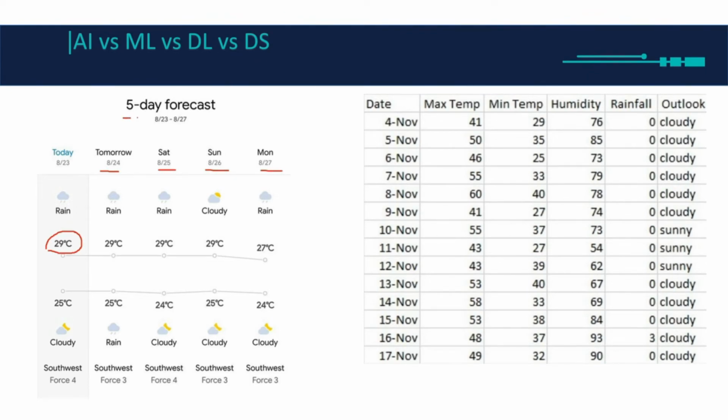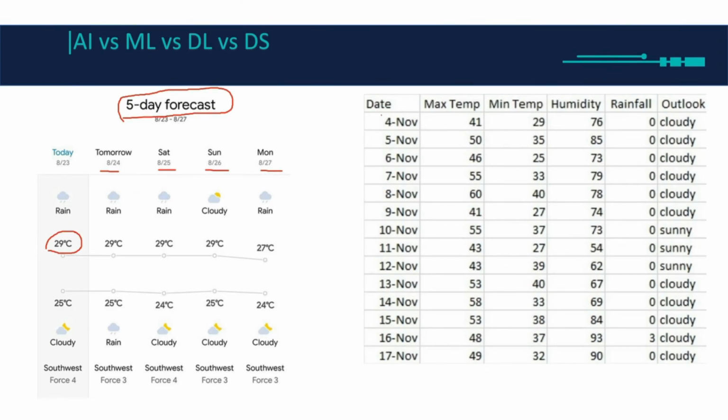How does it know that? I'm still in today, you know. Maybe tomorrow is going to rain, after that cloudy, and then rain, and whatever. So how does the weather widget or the app work?